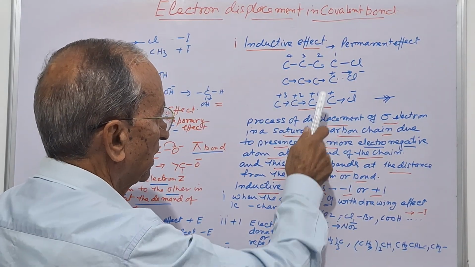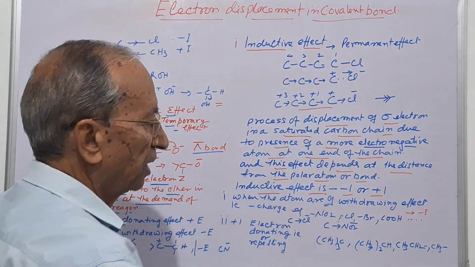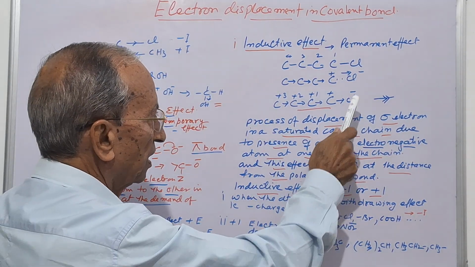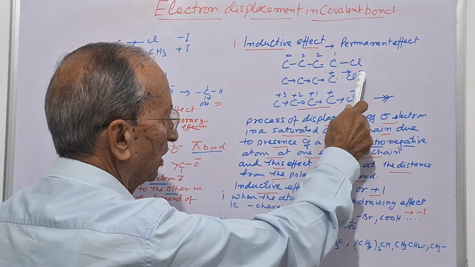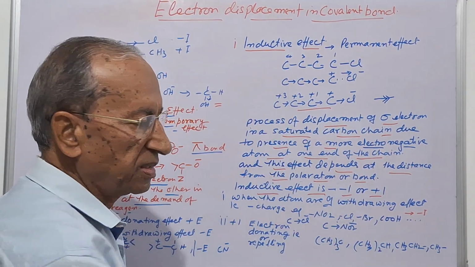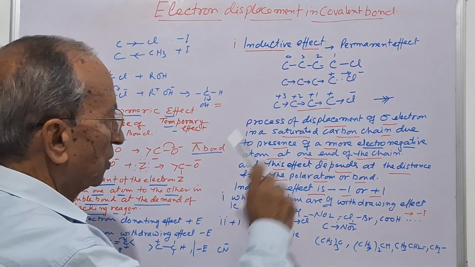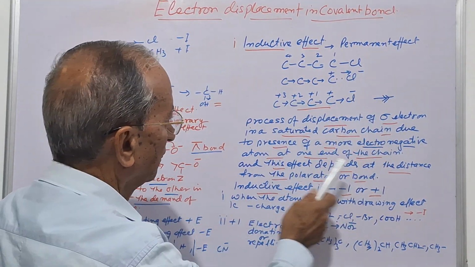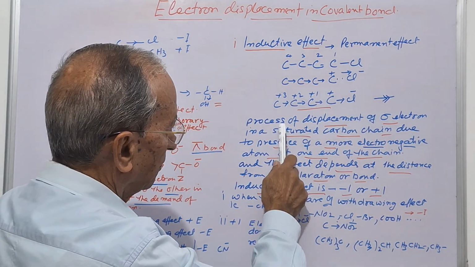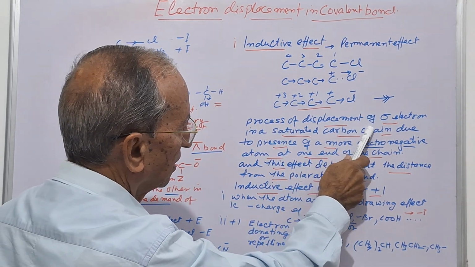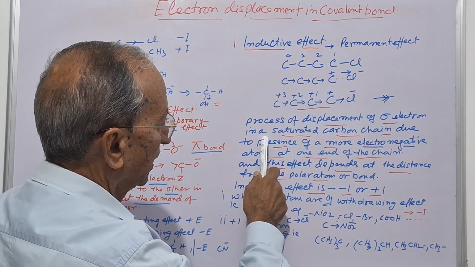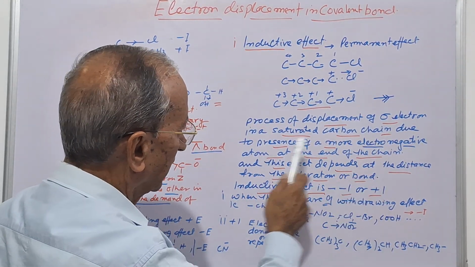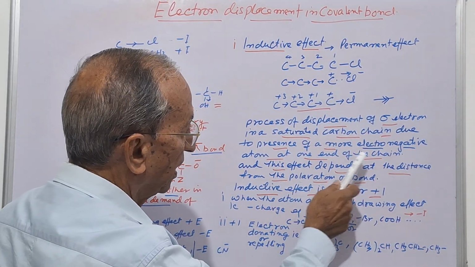In this way carbon atoms 1, 2, 3 get polarized, and the charge will be: if the chlorine is negative, then the last carbon atom will be positive. So this inductive effect, which is a permanent effect, we can define as the process of displacement of sigma electrons in a saturated carbon chain due to the presence of a more electronegative atom at one end of the chain.